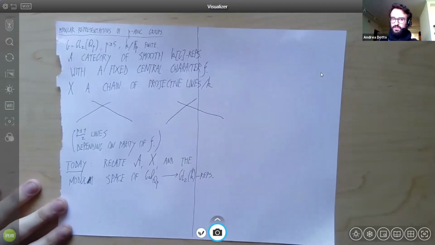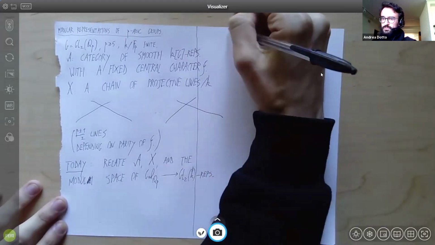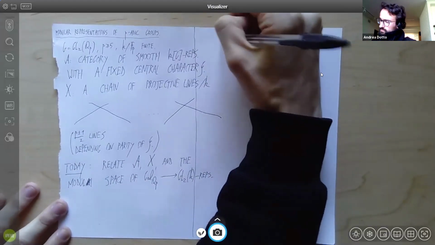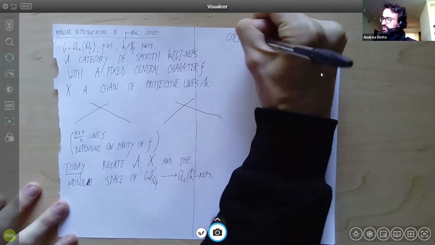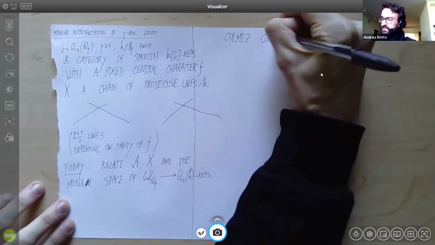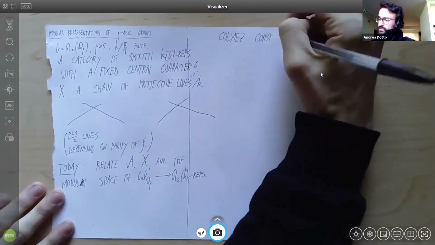So in order to make such a connection, I am going to go back to fundamental work of Colmez. So Colmez constructed a mod p Langlands correspondence for this group, and this takes the form of a functor.